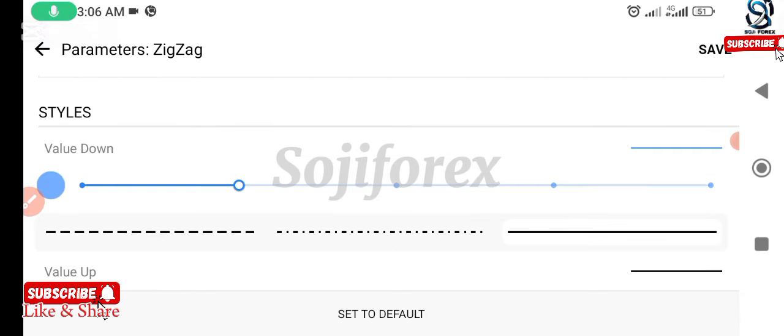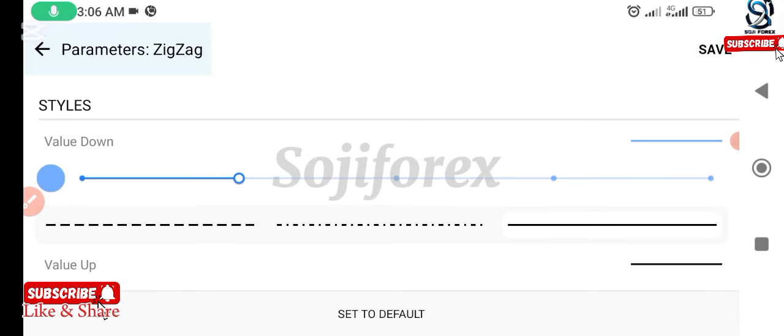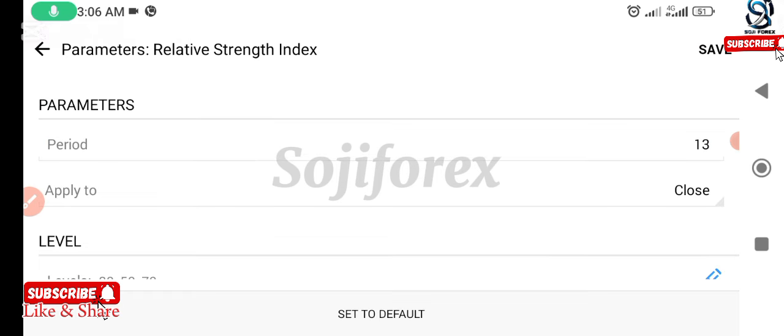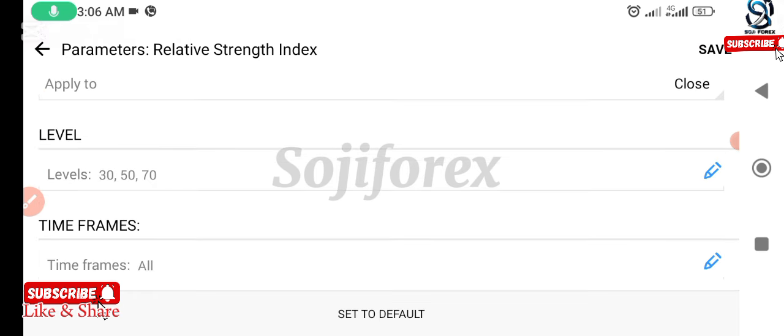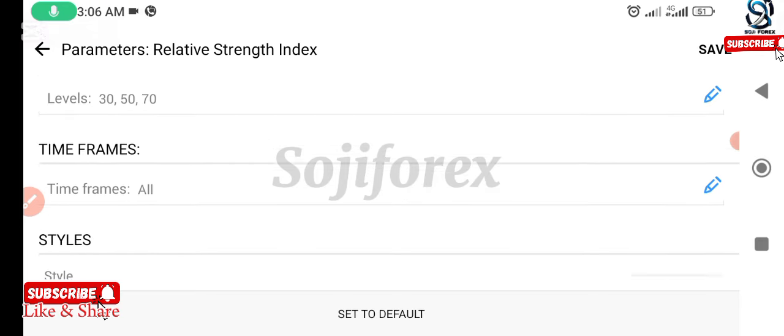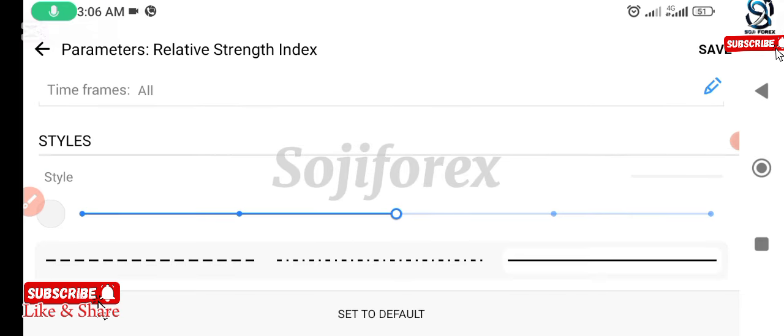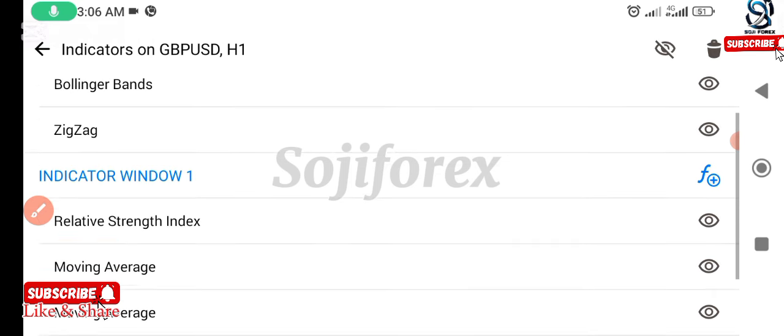So here is what you have, and then we have our relative strength index. The period is 13. You apply it to close, and of course you can see the levels 30, 50 and 70. Then we don't need the color, so you change this to the background, the shade background. If your background is black, kindly change that color to black.